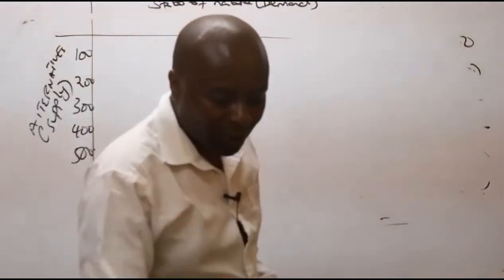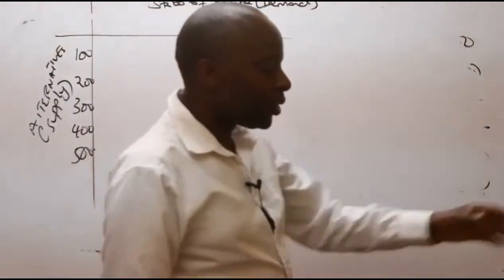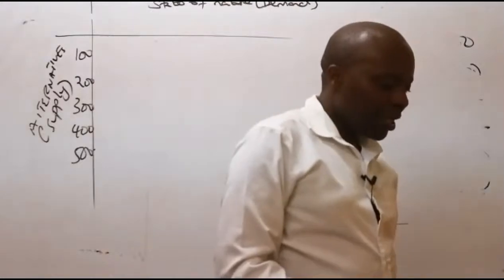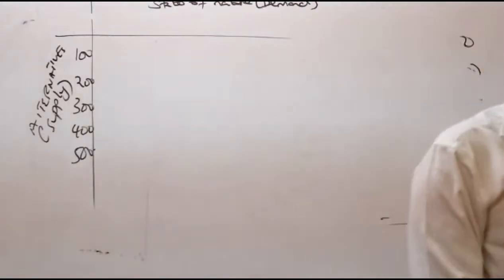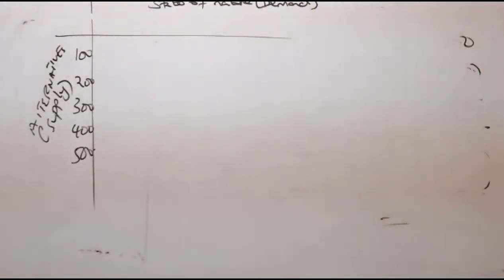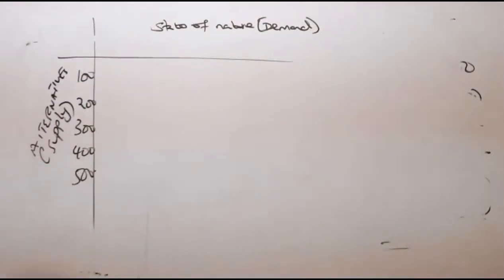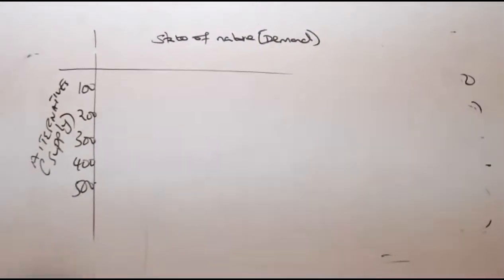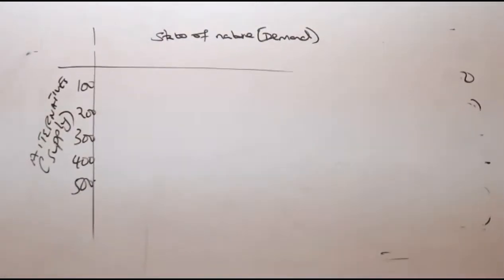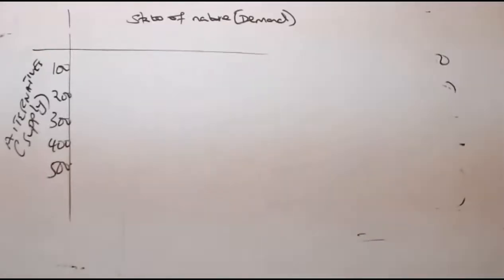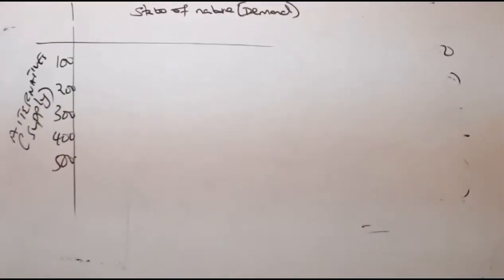Now listen, ladies and gentlemen, how do we get to really know the demand amount? Unless you're told otherwise, remember what you're told in economics: demand and supply should always be equal.